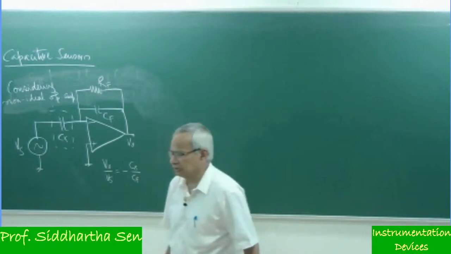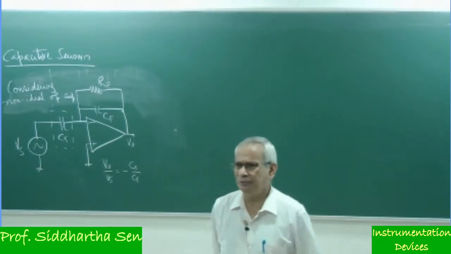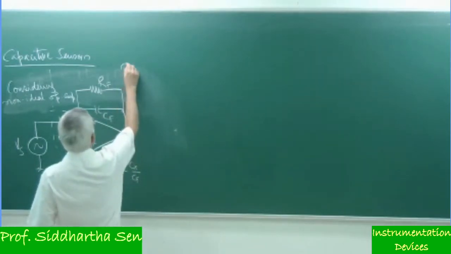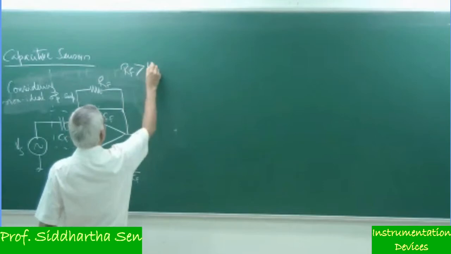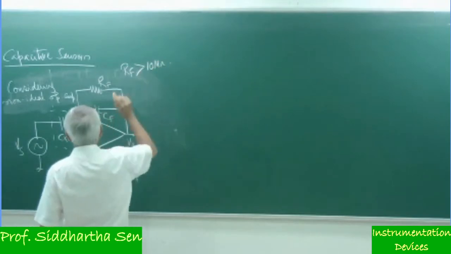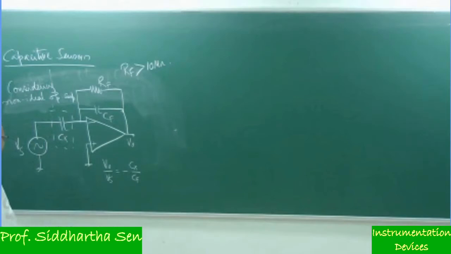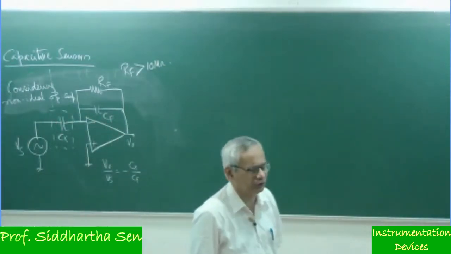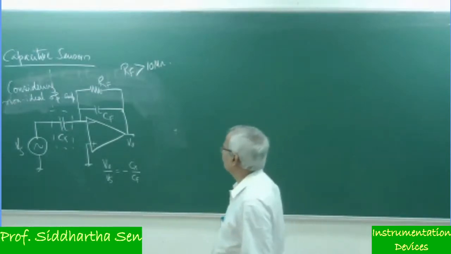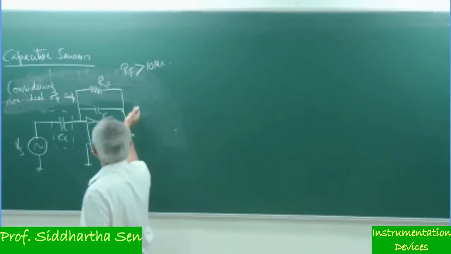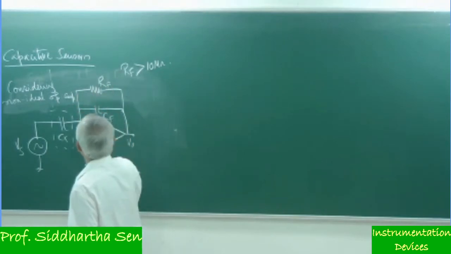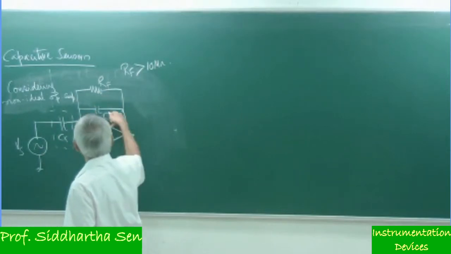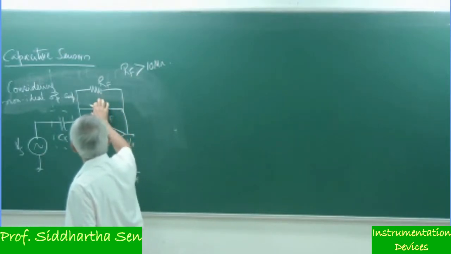Wherever you use it as an integrator also, you will have to put a very high resistance there. RF should be at least greater than 10 mega ohm or so. The higher it is, the better. RF functions only in DC, providing only a current path for the DC current, but the frequency is such that the Cf impedance is much lower than RF.